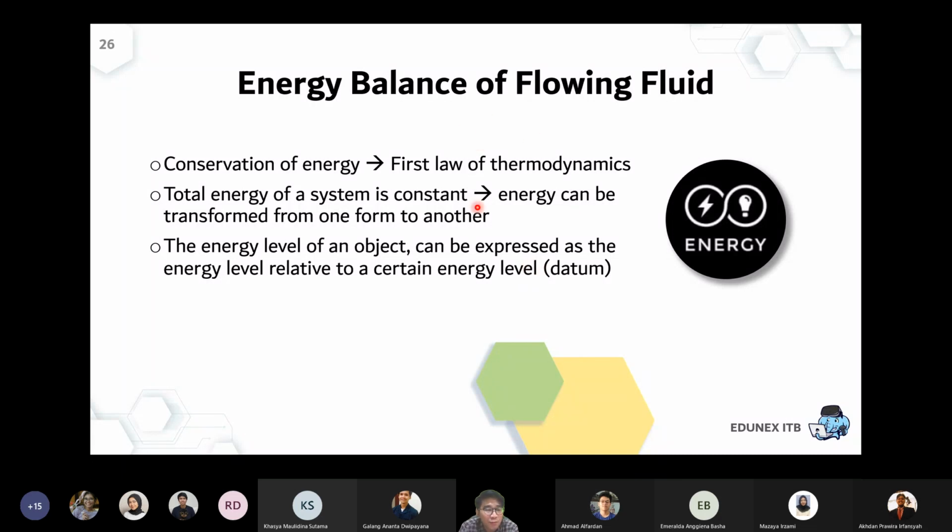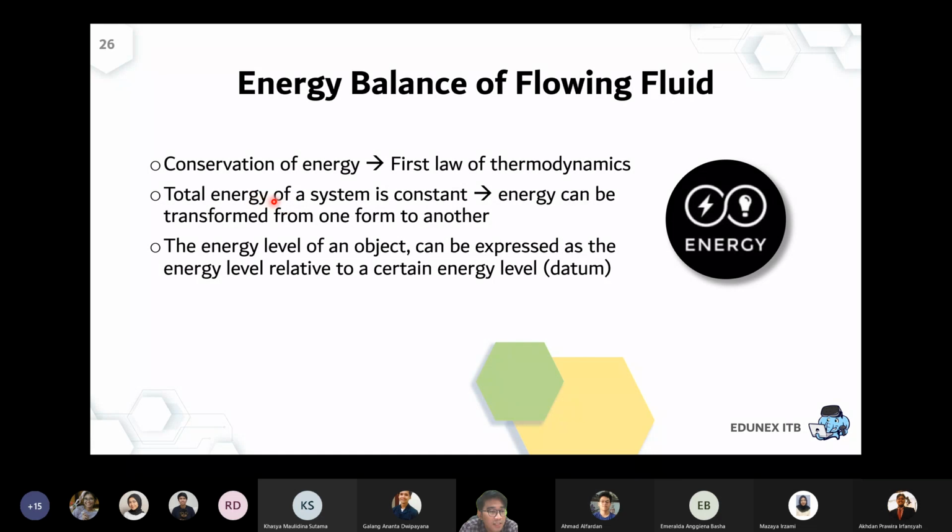And then we have a bit discussed about the Bernoulli equation. Bernoulli equation is basically the energy balance of flowing fluid. When fluid is flowing, you can say that the first law of thermodynamics is applied. This is about the conservation of energy.